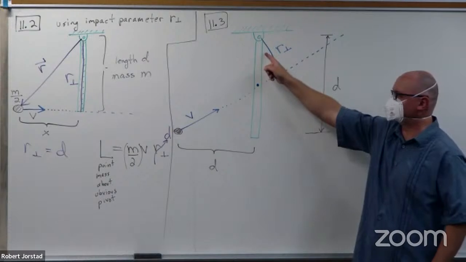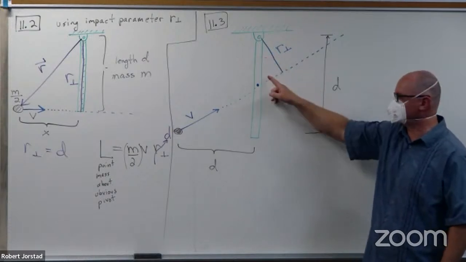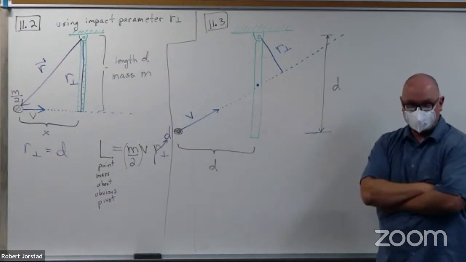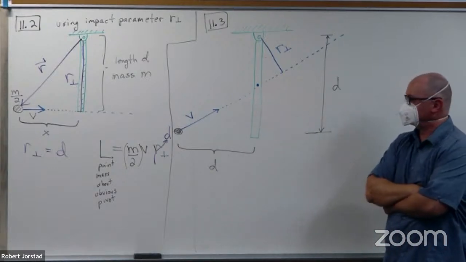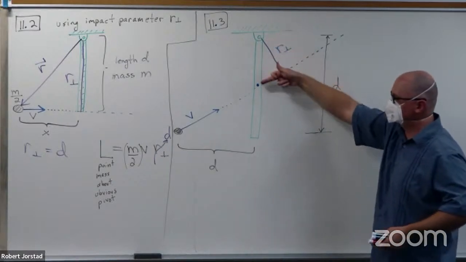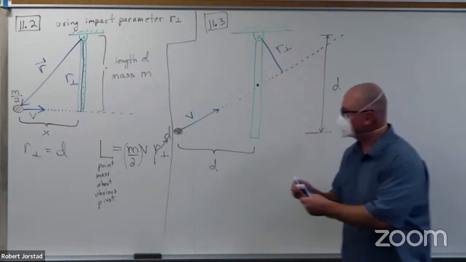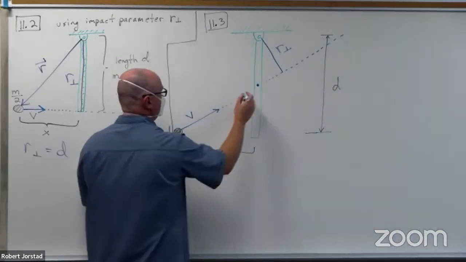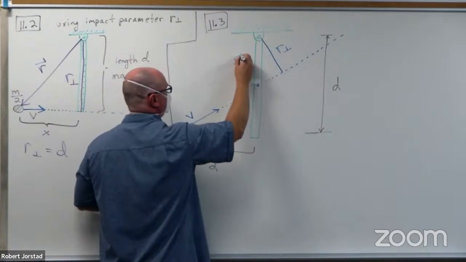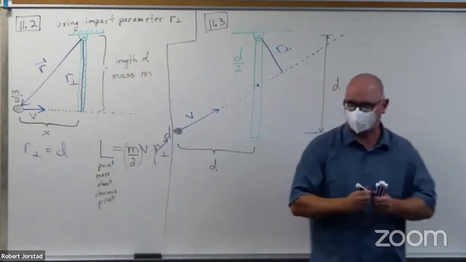Do we know this angle? Yes or no? How about this one? Do we know any dimensions here? Do I know this side of this triangle? What is it? This side's D over 2. Agreed? Do I know any other dimensions in this picture that are not labeled?